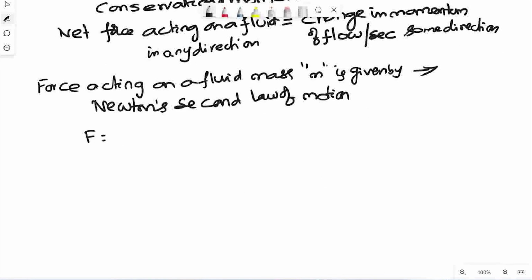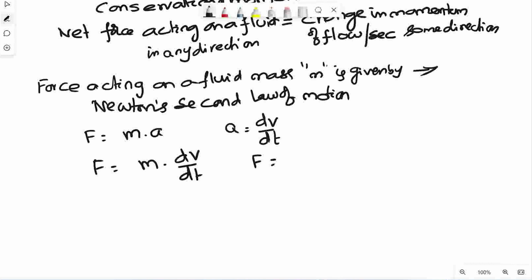Force is equal to mass into acceleration. What can I write for acceleration? Acceleration is equal to dv by dt. So F is equal to mass into dv by dt. As mass is constant, I can take it inside the derivative also. It is d by dt of mv. So now if I bring dt across, F dt is equal to d of mv.